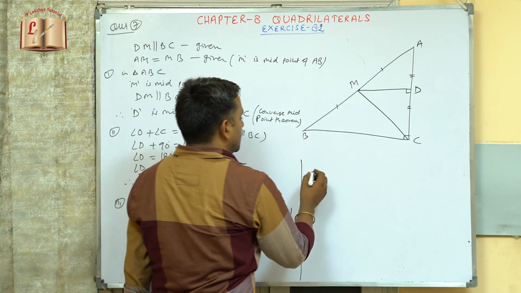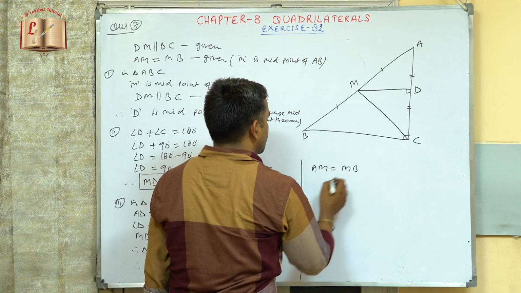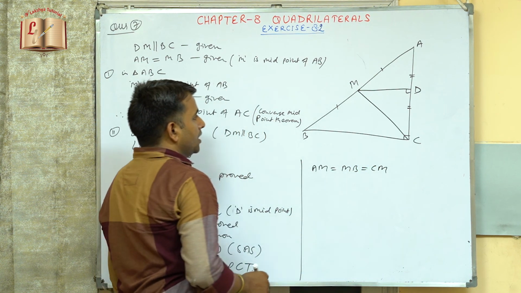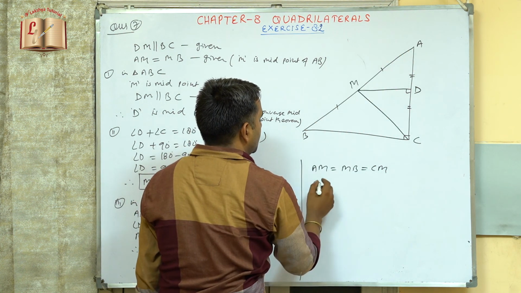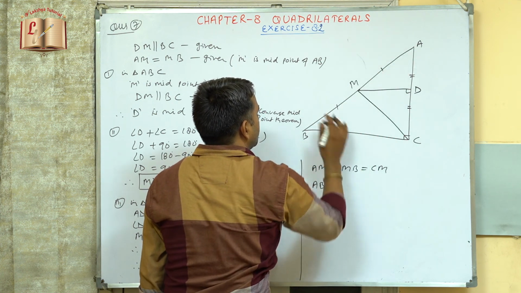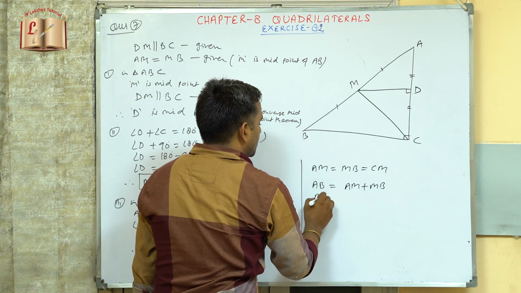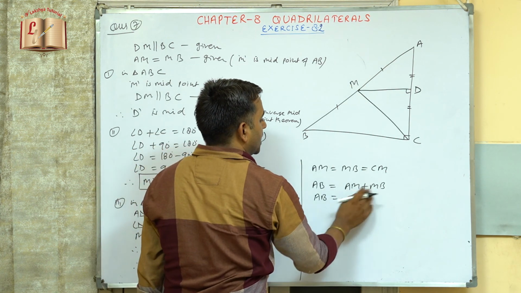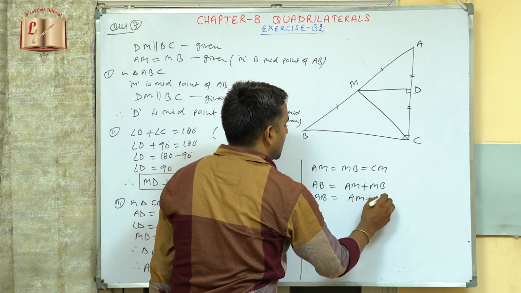Now see that AM is equal to MB and AM is also equal to CM. Now AB can be written as AM plus MB. So AB is equal to, since AM and MB are both equal, AM plus AM.